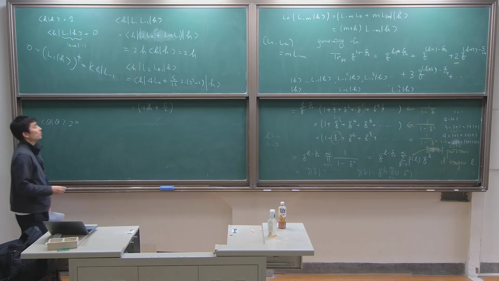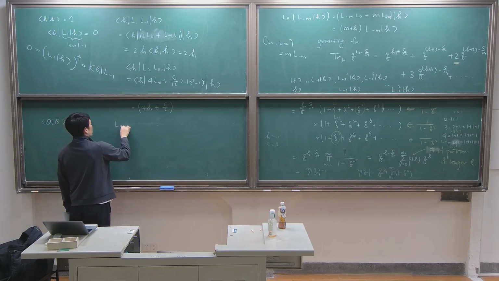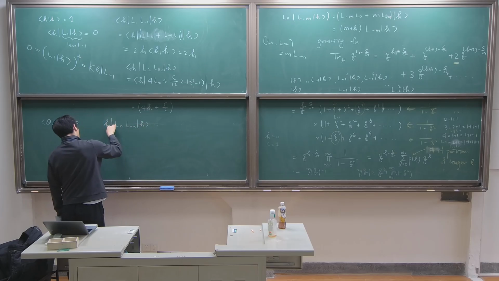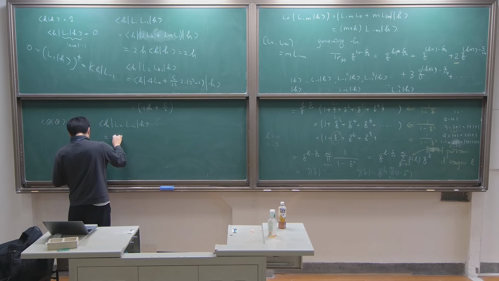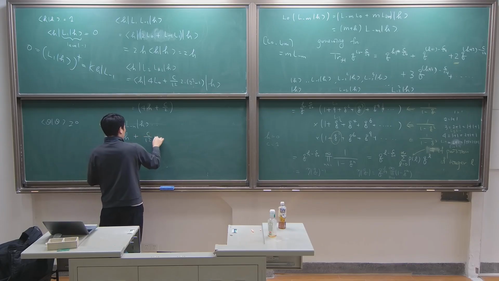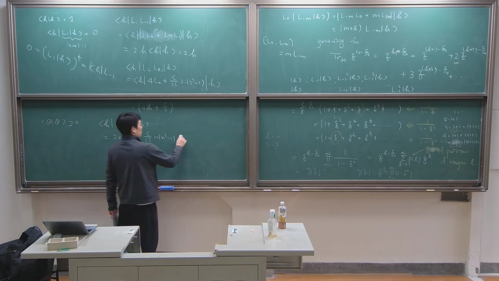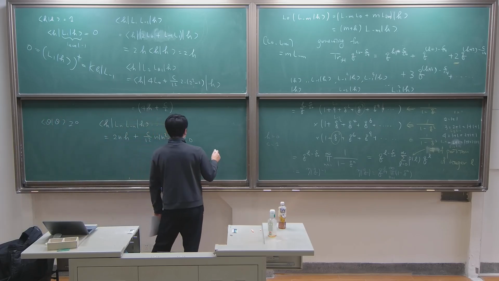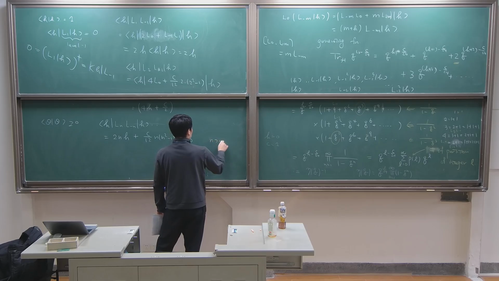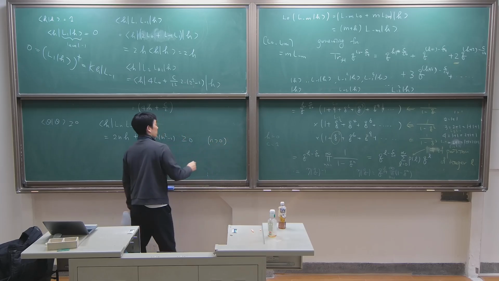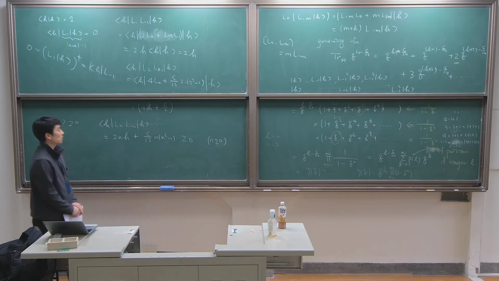So therefore, if you consider L n and L minus n on H, that's what you get from this analysis. So this has to always be greater than or equal to 0 for n positive, whatever. So that's the case.